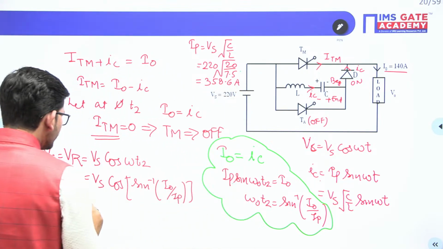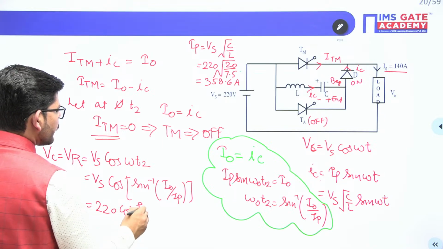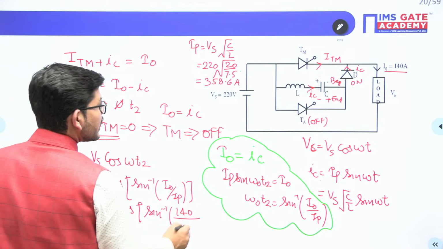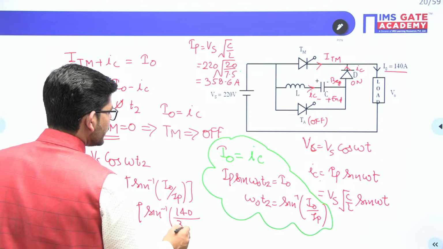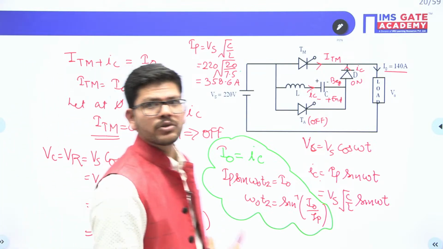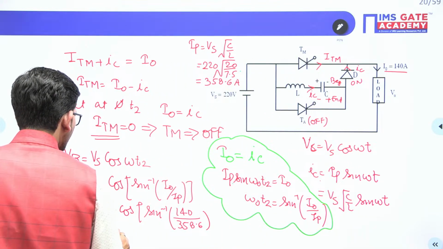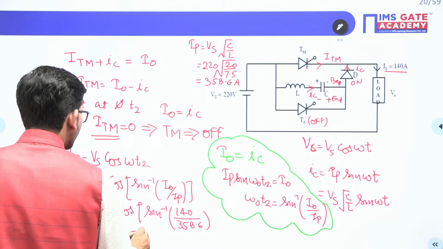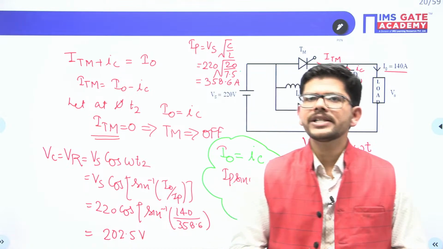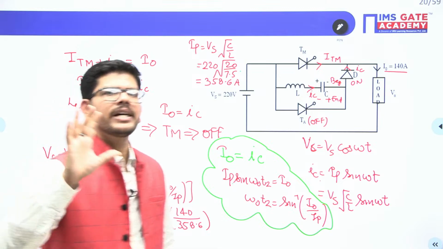Now put the values here. Vs is 220 volt, this is cos sine inverse, I naught is 140, IP you have calculated is 358.6. Once you solve this, you will get an answer of 202.5 volt, isn't it?